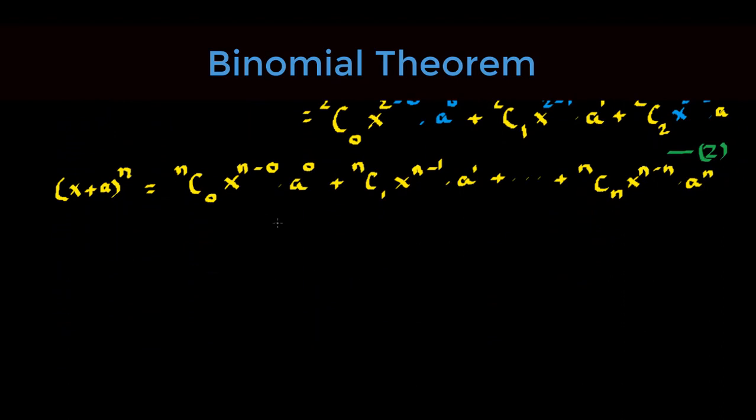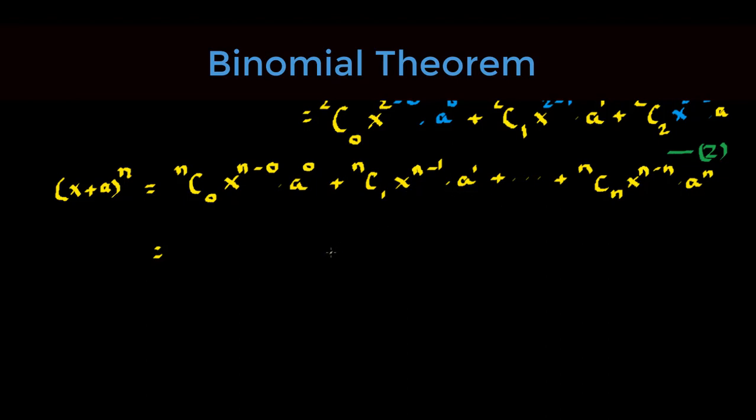So this entire thing is the general binomial expansion of x plus a whole raised to the power n. So there's a summation appearing.